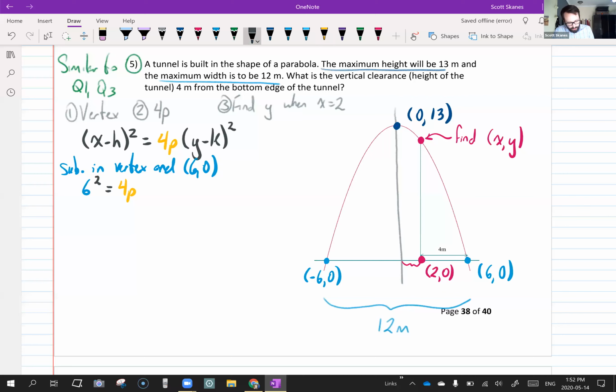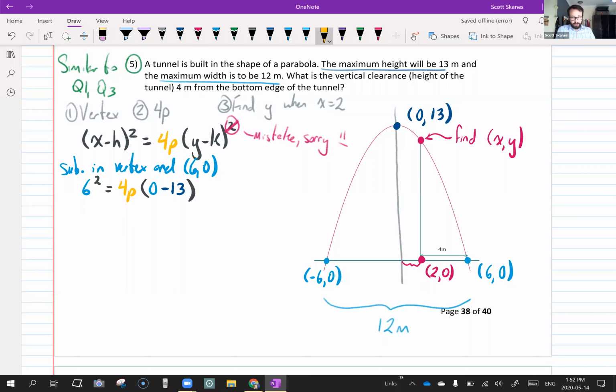We know what y is. Y in this case is 0. So I'll write it in just so you don't lose it. And then minus k. K in this case is 13. I don't know why I wrote a square here. Sorry about that. I'll keep it there so you can erase it later. This is a mistake. And we just need to solve for 4p.